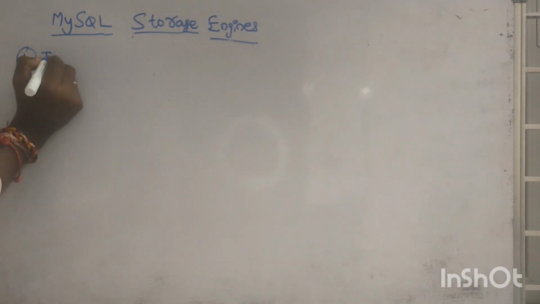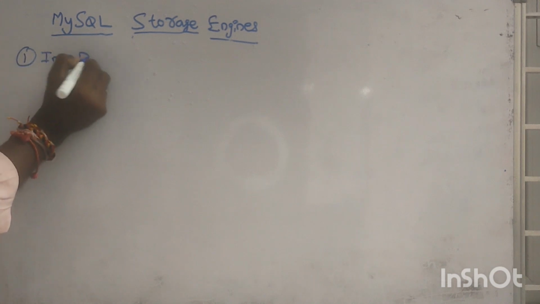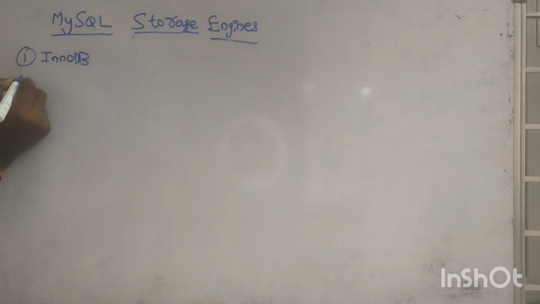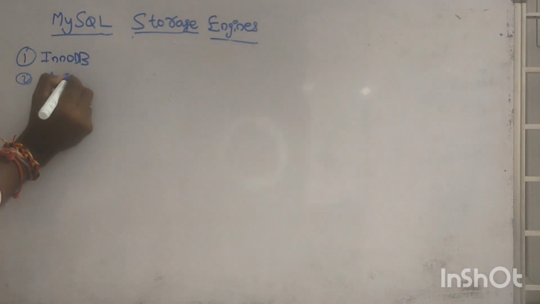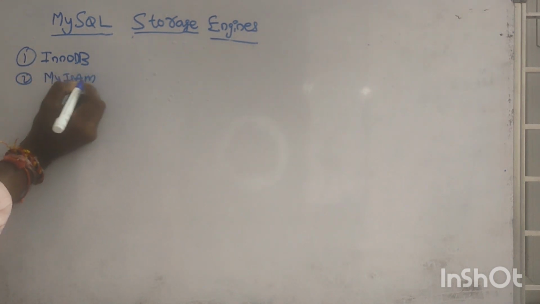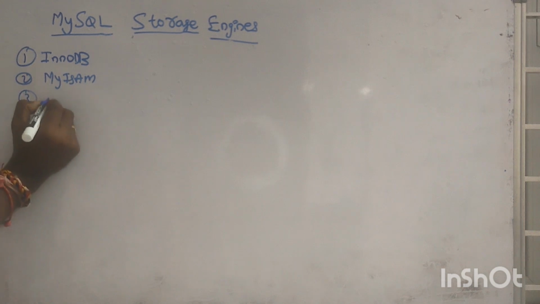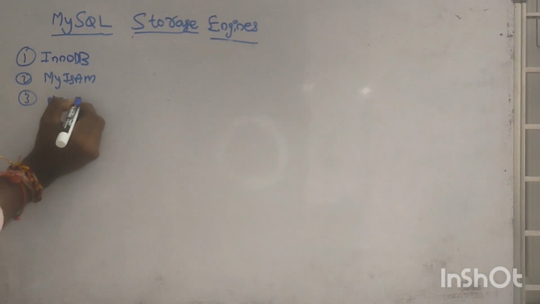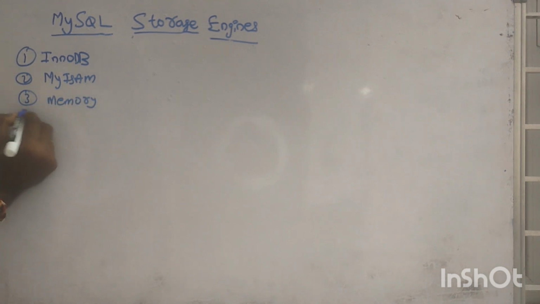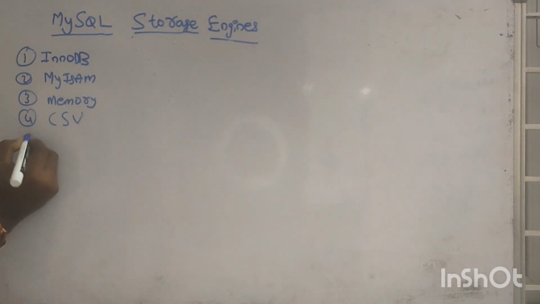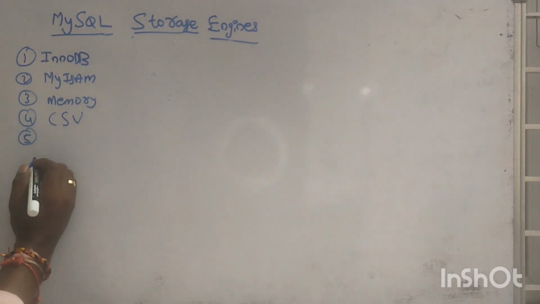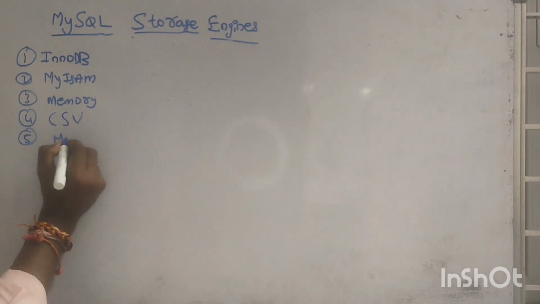The first one is the InnoDB storage engine. The second one is the MyISAM storage engine. The third one is memory. The fourth one is CSV. The fifth one is the merge storage engine.